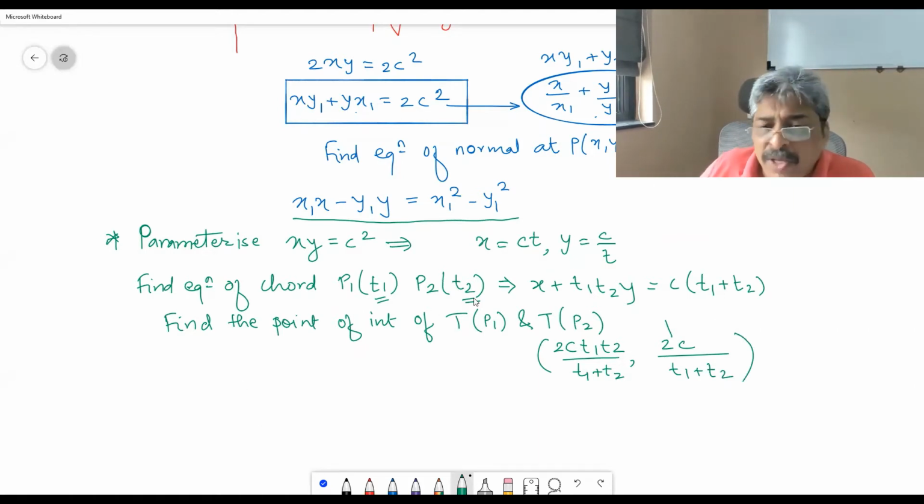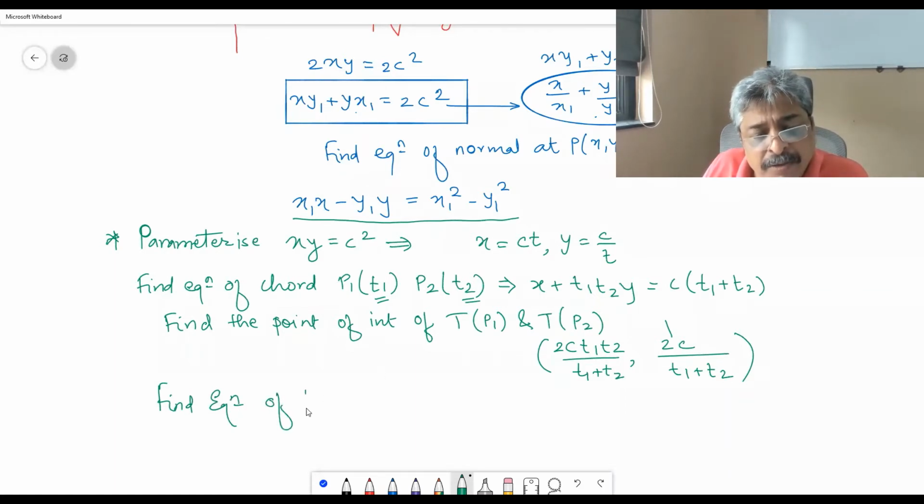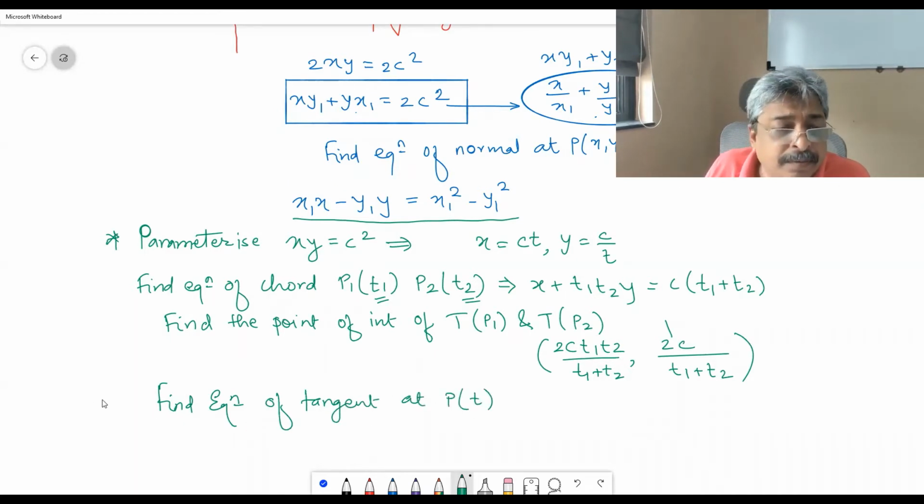Okay, we have not found the equation of tangent in terms of t. Find the equation of tangent at pt.